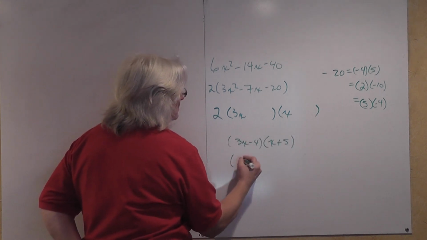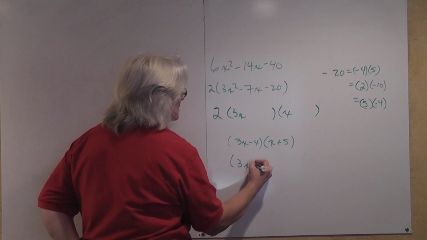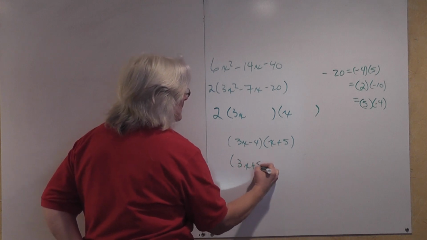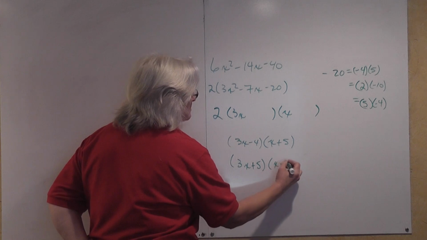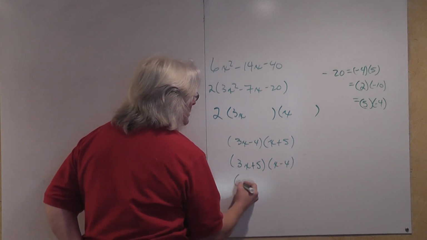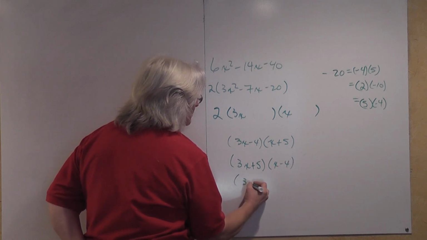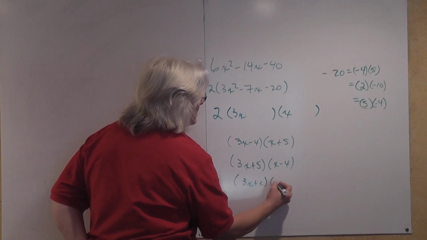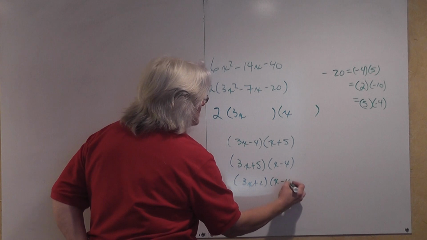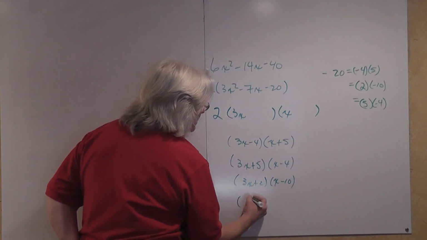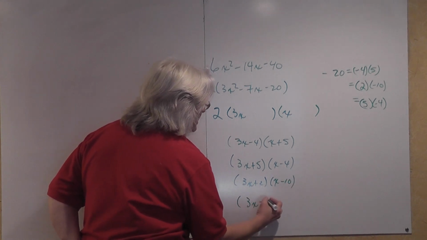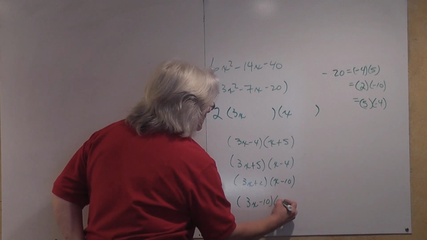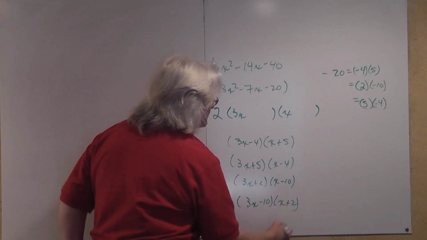We could do 3x plus 5 times x minus 4. We could do 3x plus 2 times x minus 10. We could do 3x minus 10 times x plus 2.